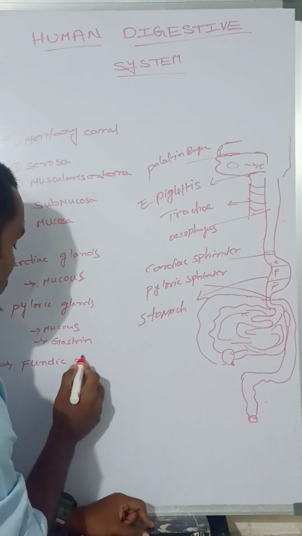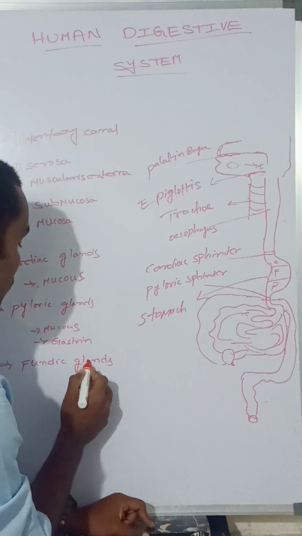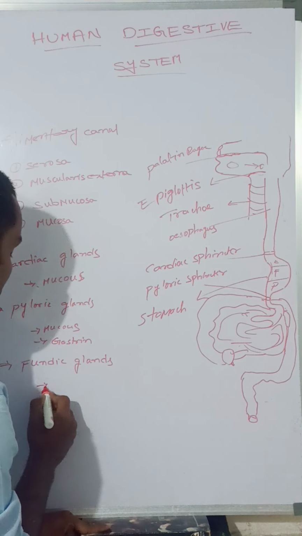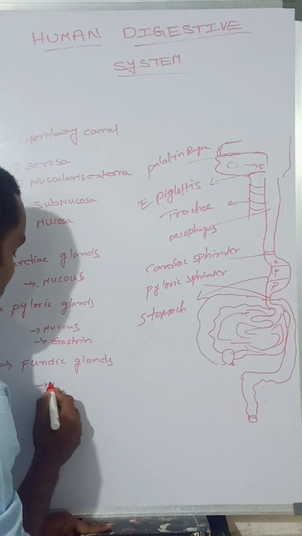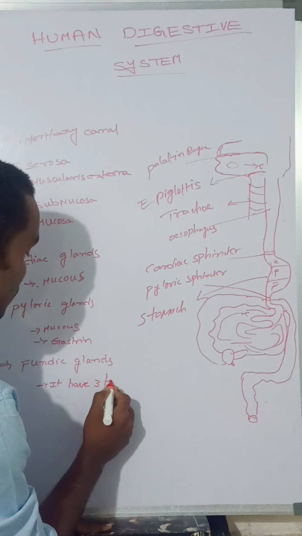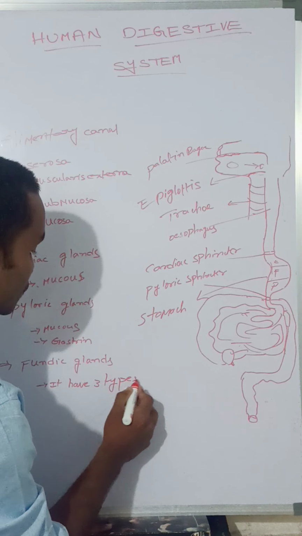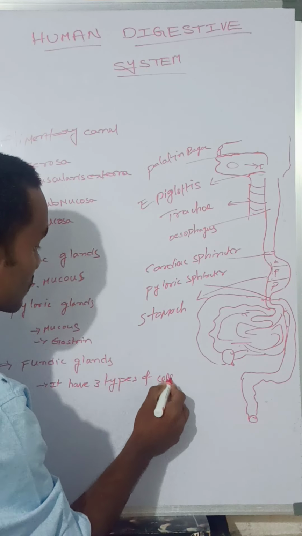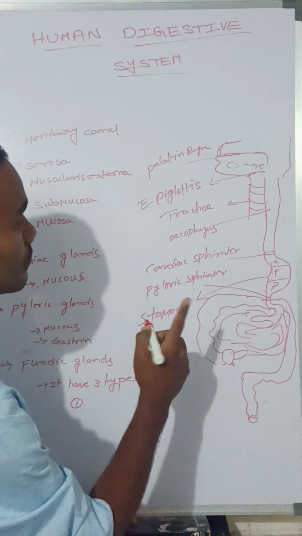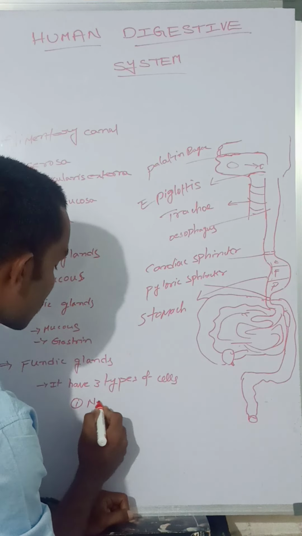These fundic glands have three types of cells. One is neck cells.